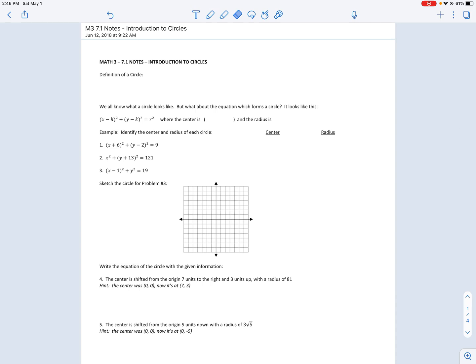So what is the definition of a circle? It's a set of points that are equidistant from a given point.